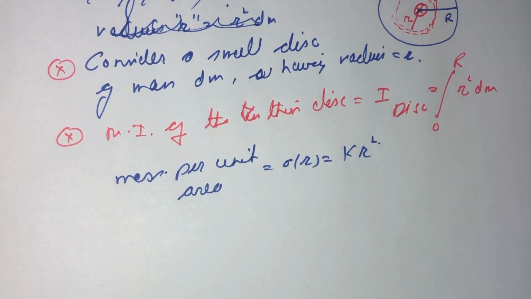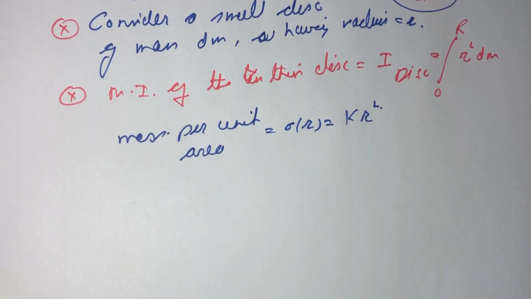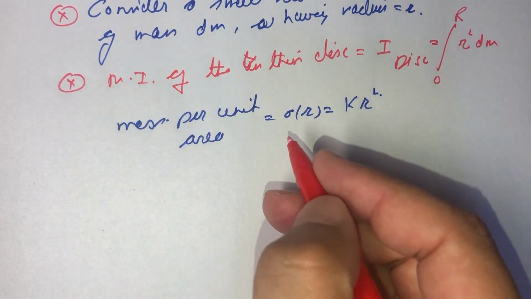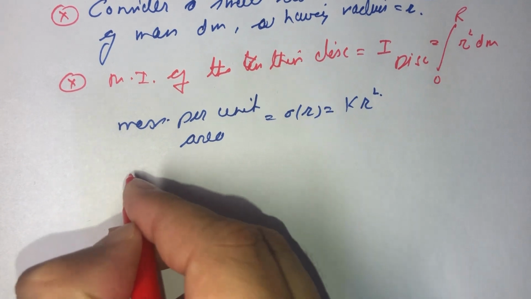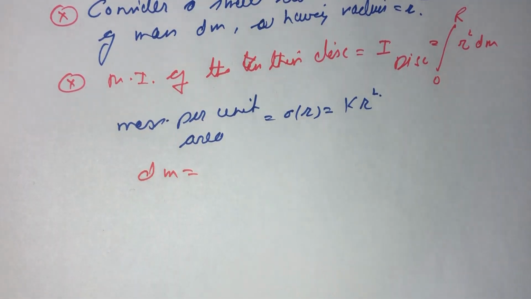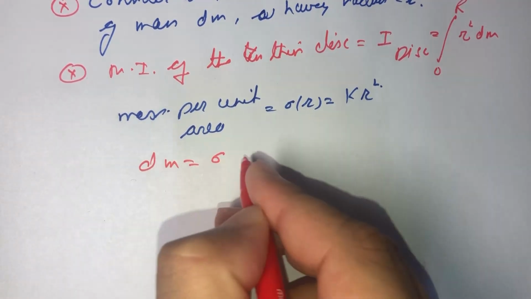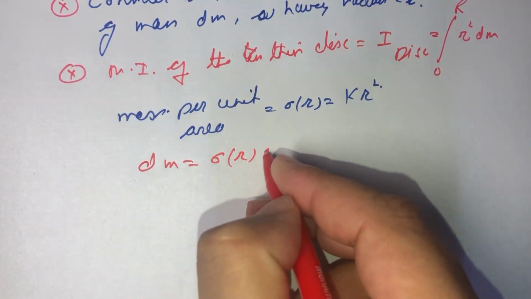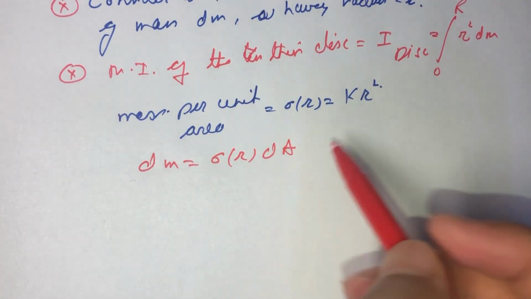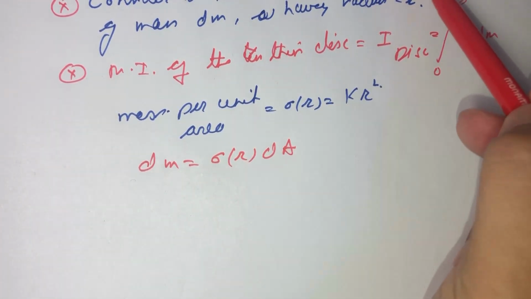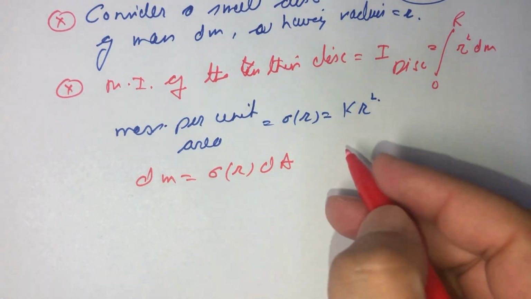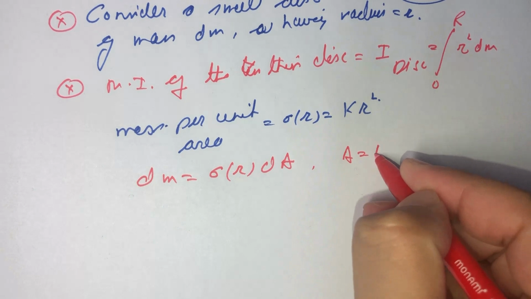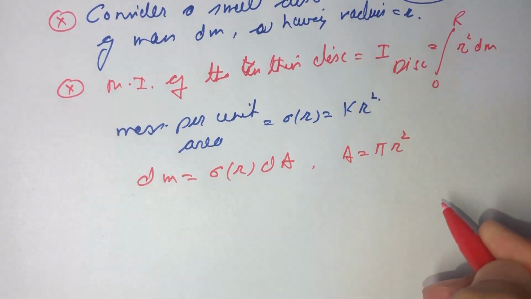Therefore we can say that our dm will be equal to sigma r into dA, where dA is the area of this small disk dm, and area of the disk is equal to pi r square.